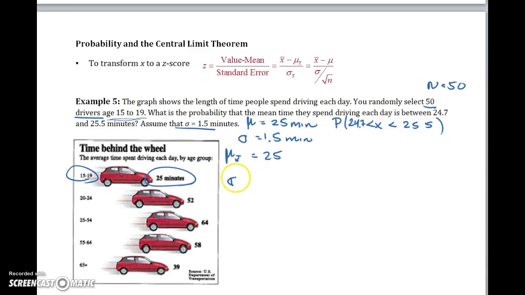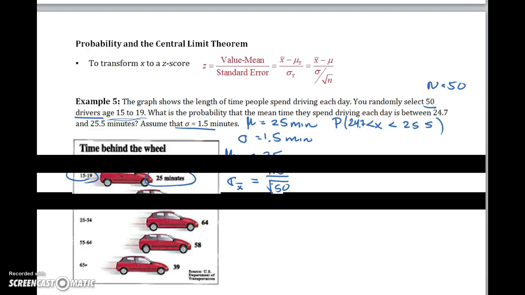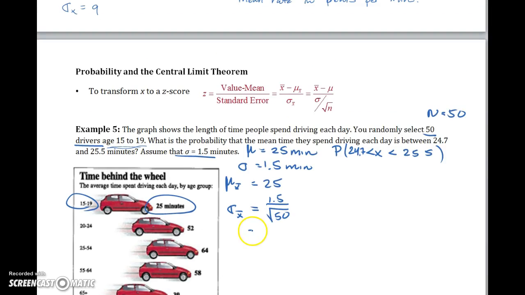I also know that the error, because that's what I'm going to need for this formula, is going to be 1.5 divided by the square root of how many were in my sample, 50. So you can use your calculator for that one, and you will find that that's going to equal about 0.21213.